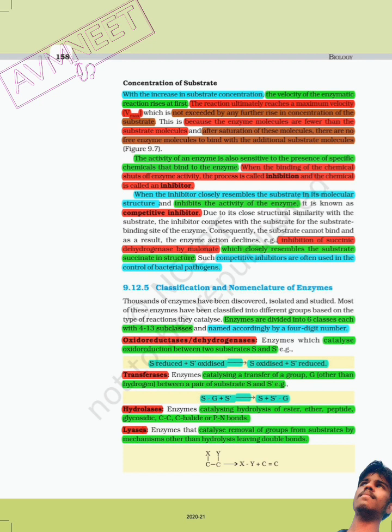Hydrolases: enzymes catalyzing hydrolysis of ester, ether, peptide, glycosidic, carbon-carbon, carbon-halide or phosphorus-nitrogen bonds. Lyases: enzymes that catalyze removal of groups from substrates by mechanisms other than hydrolysis, leaving double bonds.